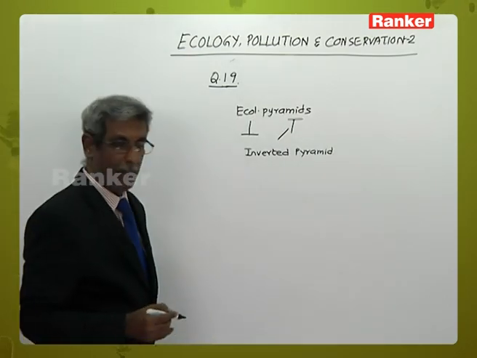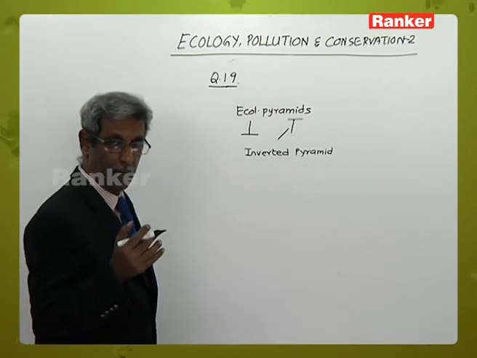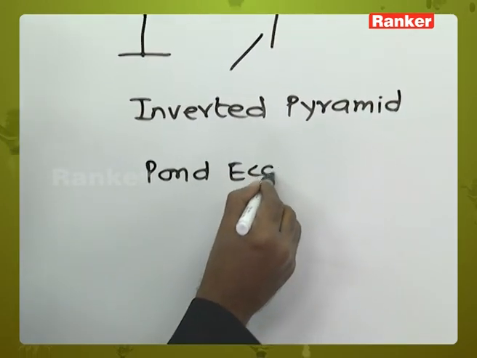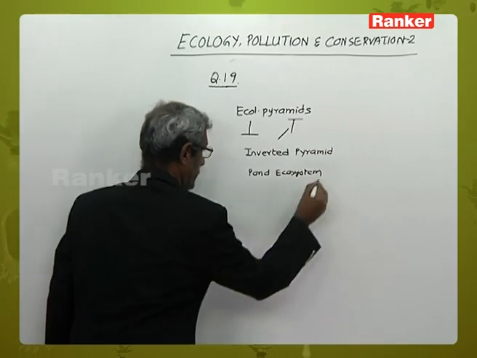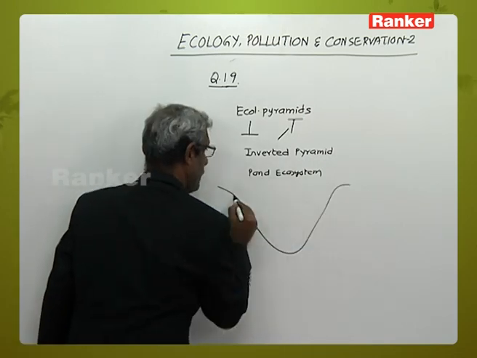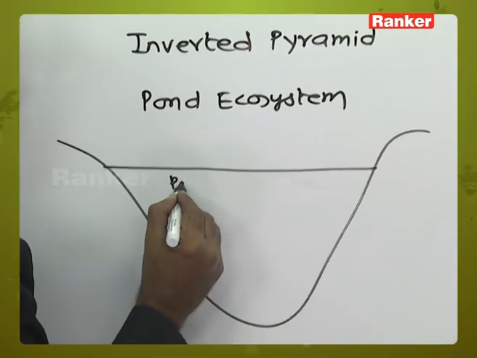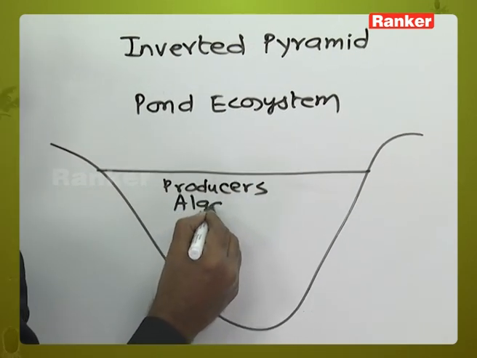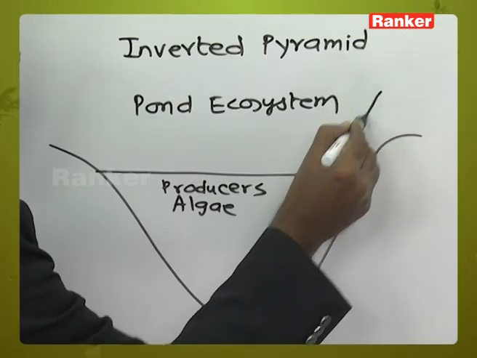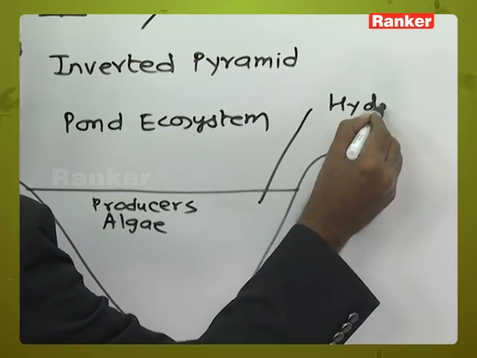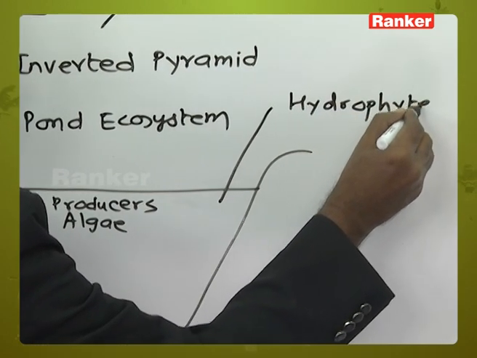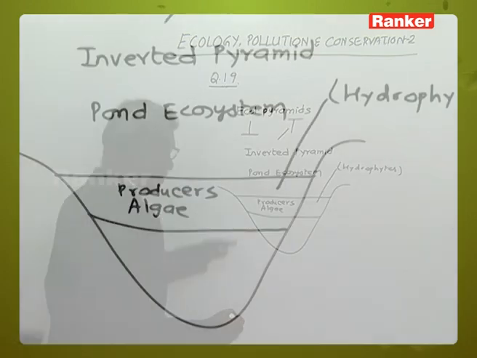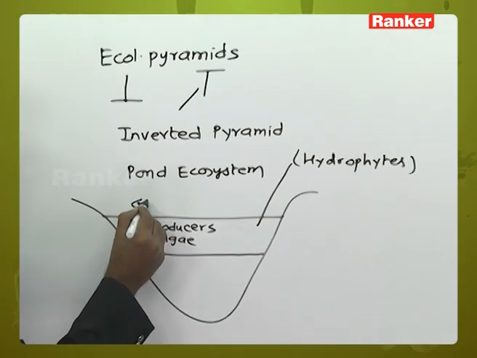Now, in the case of a pond ecosystem, we have more of producers on the top. That is, we have most of the algae, and also most of the hydrophytes. The water plants are present in the outer layer. This is primarily called the green zone.